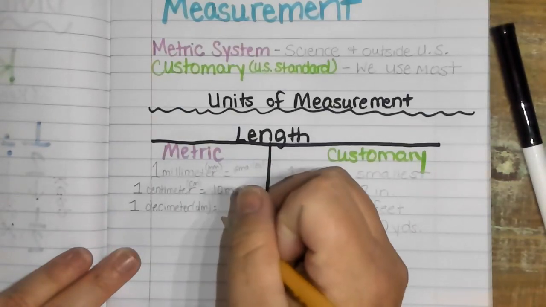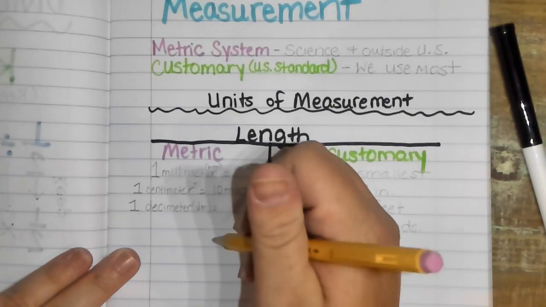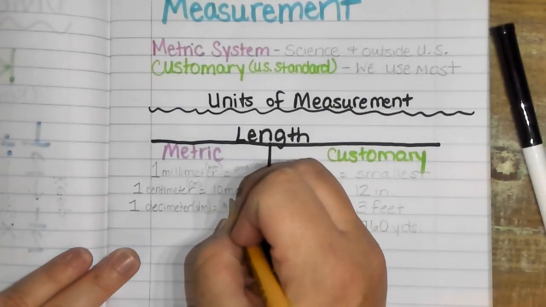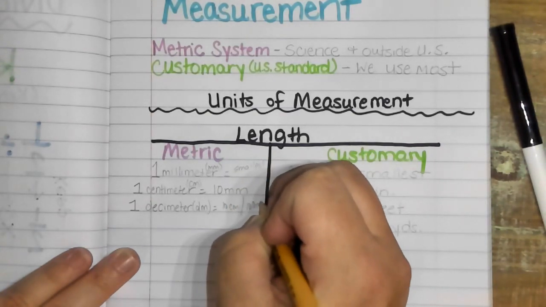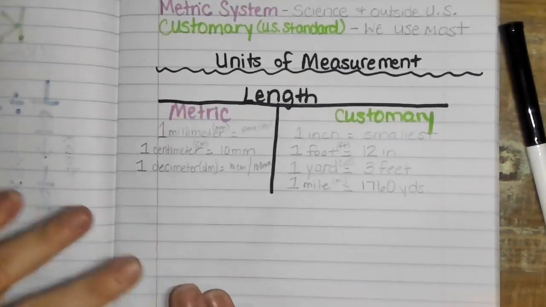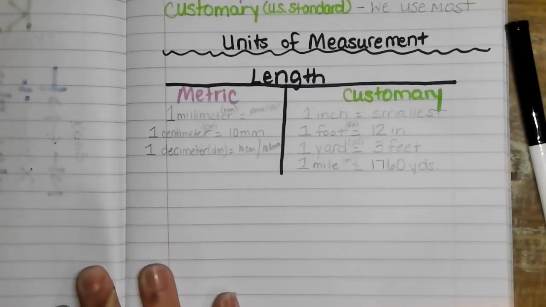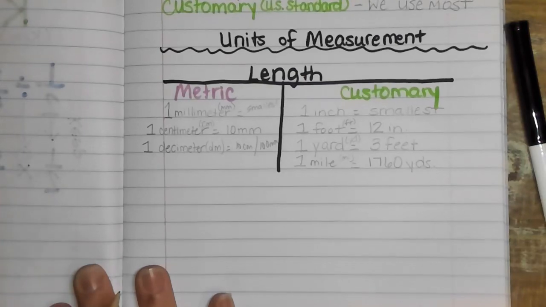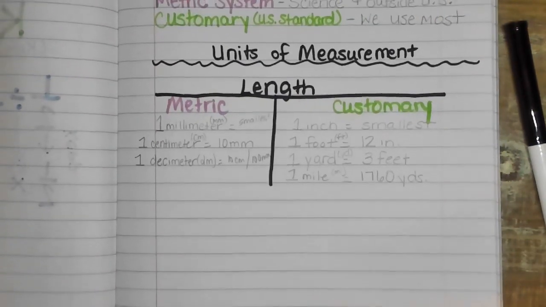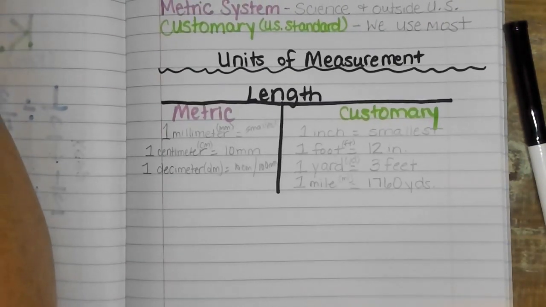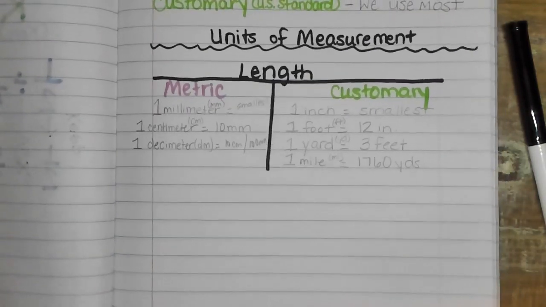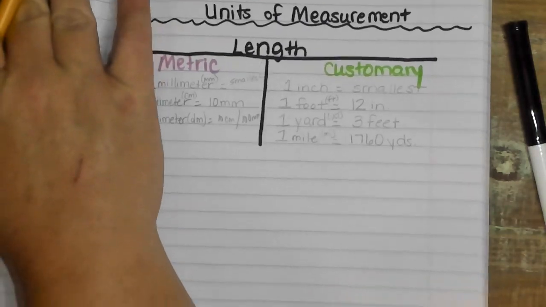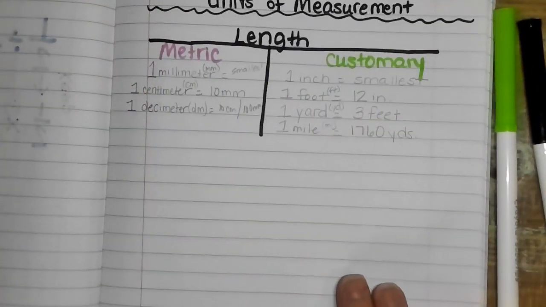So if you have 1 decimeter, you have 10 centimeters or 100 millimeters. Let me shift this up a little bit. If you need to stop this at any point to catch up, please do so. Do not feel like you have to rush through this with me.